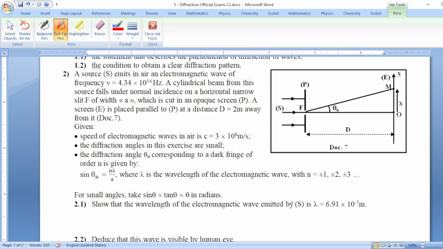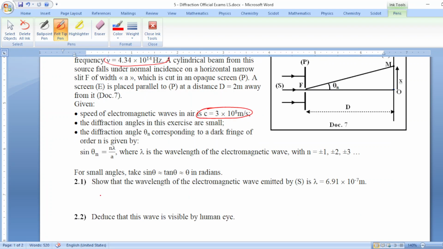First, it asked for lambda from the frequency. Frequency is given and the speed of light is given. We can find lambda by dividing c by nu, so lambda equals c over nu. If someone forgets this formula, they can surely recall it from the photon energy: E photon equals h nu equals hc over lambda, so nu equals c over lambda, or lambda equals c over nu.